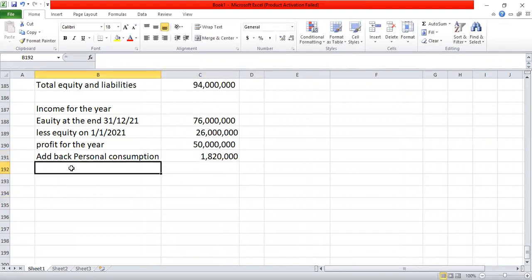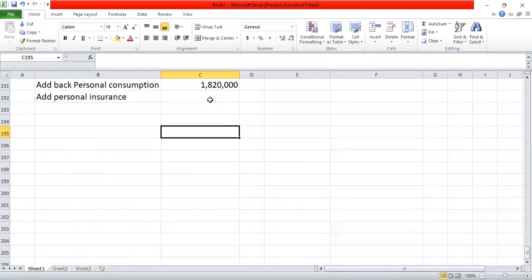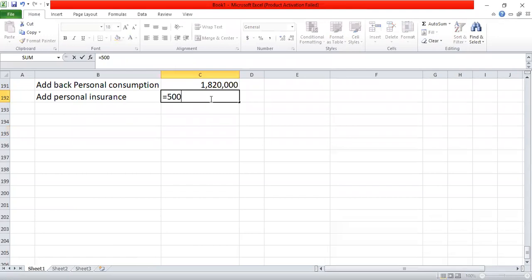Then I still add the personal insurance. The personal insurance is saving how much per month? 500,000. So it is not allowed. This is a personal expenditure. 500,000 times 12. That is the personal insurance.